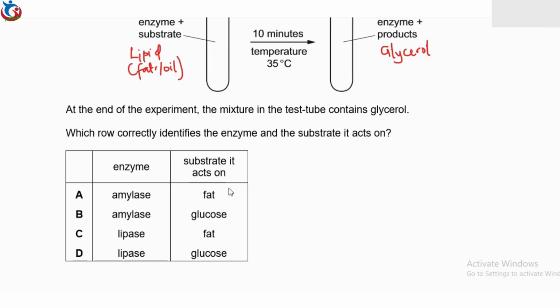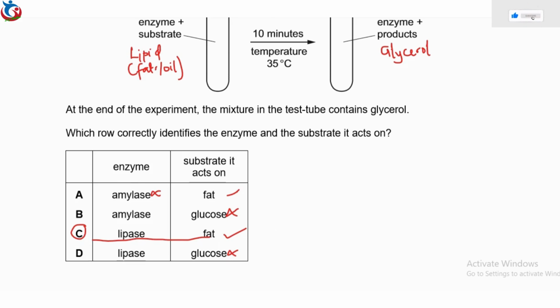So definitely option A is wrong because of the enzyme involved. Option B is wrong because of the product involved. But option C is correct. Why? Because the enzyme is lipase and the substrate is fat. Option D is wrong because the substrate is not glucose. So this makes option C our correct answer.